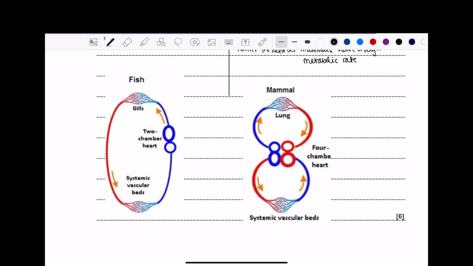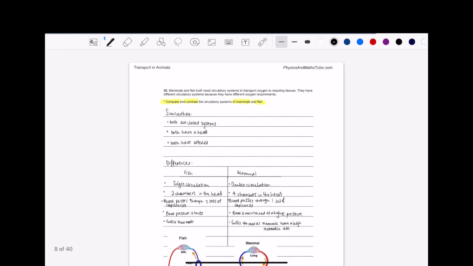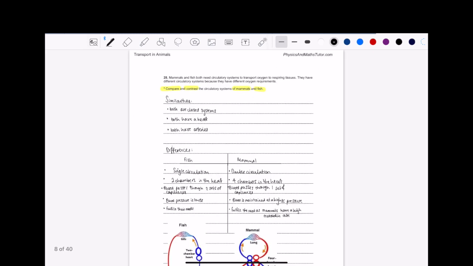Just by using good images and good diagrams, it can really save you a lot of time in the exam when you are trying to jog a memory about it. So these are the 2 specific diagrams I actually used last year for my A-levels, and they were fantastic because now that I know how the diagrams look, and I've essentially made a framework in my head, I can go back to the question and think, okay, I need to do similarities and differences.